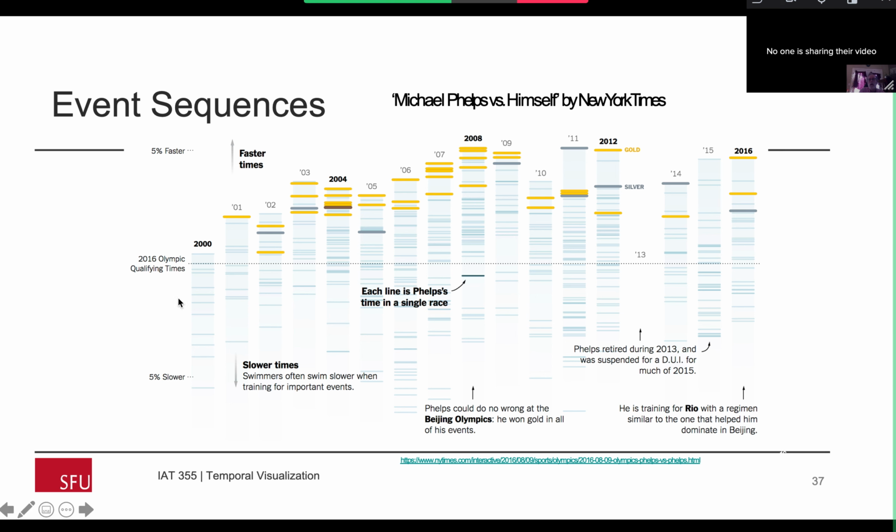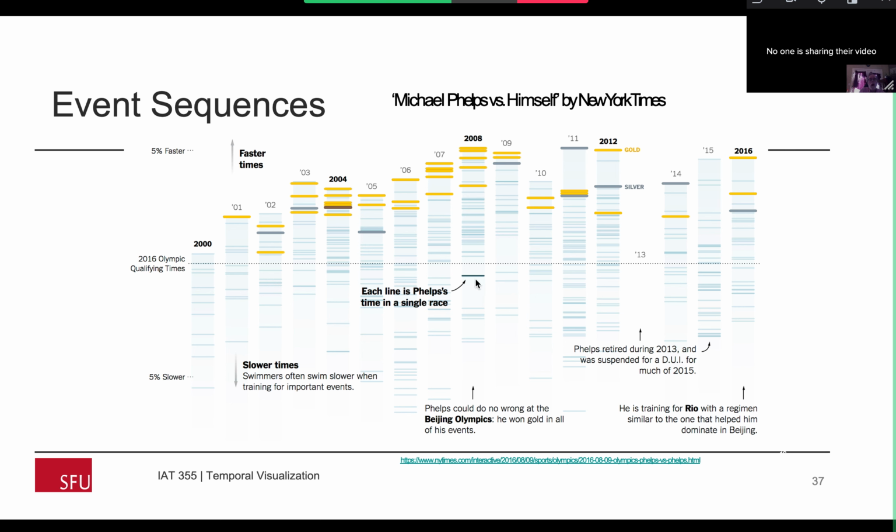So starting in the year 2000, you can see his time seemed to get better. And here, on the horizontal dotted line, is the time that is required for you to be able to qualify to participate in the 2016 Olympics.